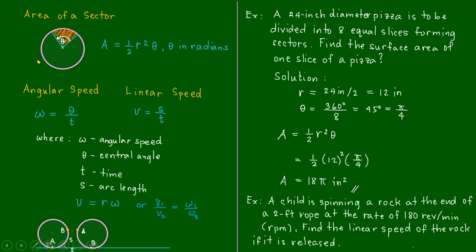Associated with a central angle in a circle are what we call angular and linear speed. How fast does the angle change relative to time? That is angular speed. How fast does a point on the circle move along the circumference relative to time? That is linear speed.